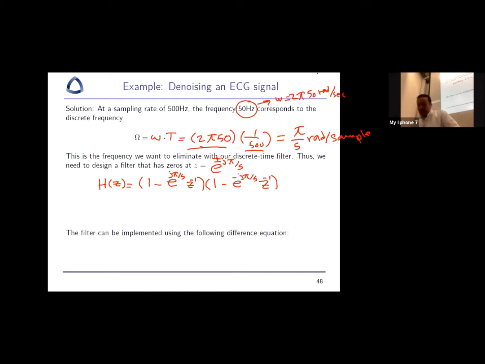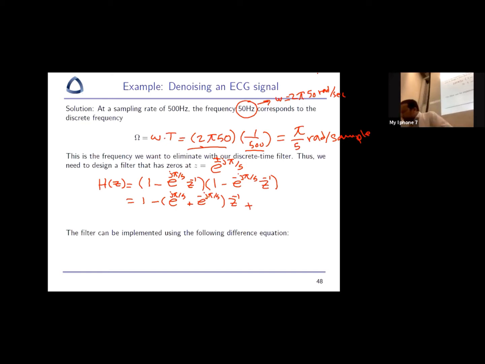If we multiply these two, we get 1 minus, e^(j pi over 5) plus e^(negative j pi over 5), times z inverse.